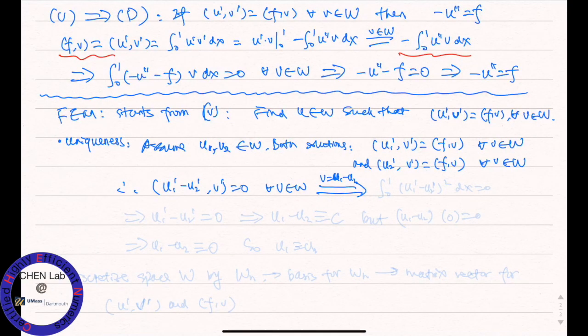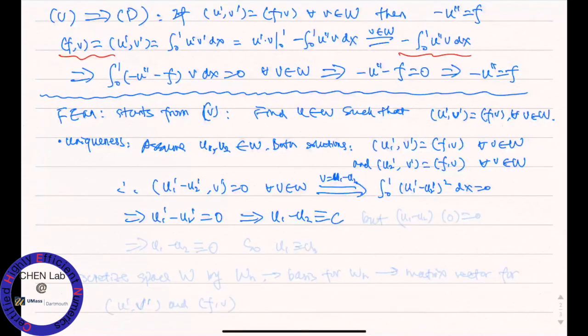So we get that the integral from 0 to 1 of u1 prime minus u2 prime squared dx is equal to 0. That means u1 prime minus u2 prime must be 0, which means u1 minus u2, the whole thing prime, is 0, so u1 minus u2 is some constant.